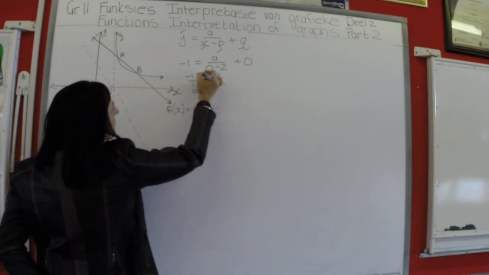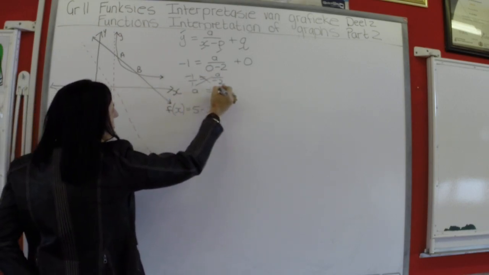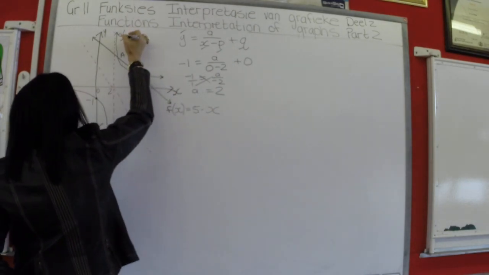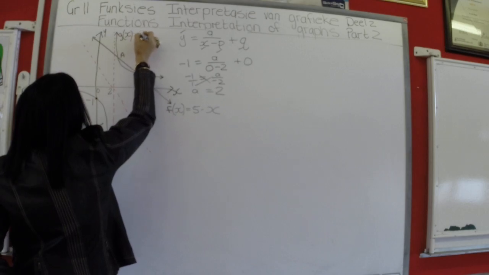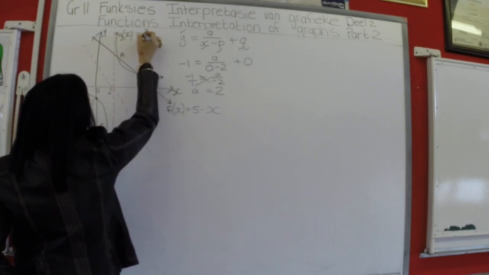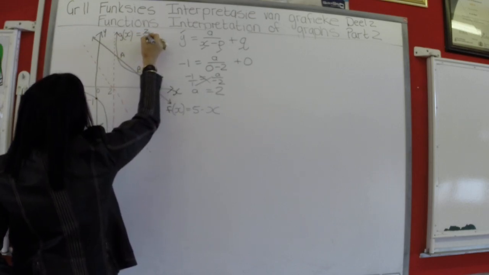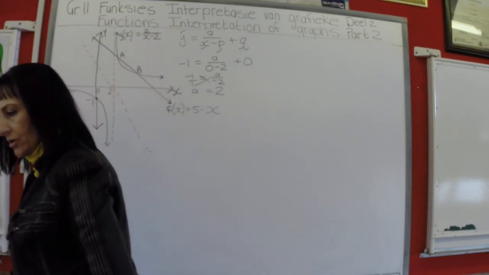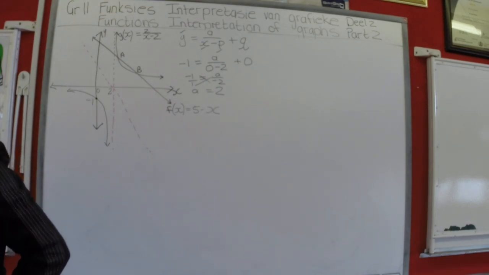So a, if you do cross multiplication, equals 2. So die vergelyking van my hyperbool g(x) gaan dan wees 2 op x minus 2 plus 0. Okay, that's the equation of my hyperbola.